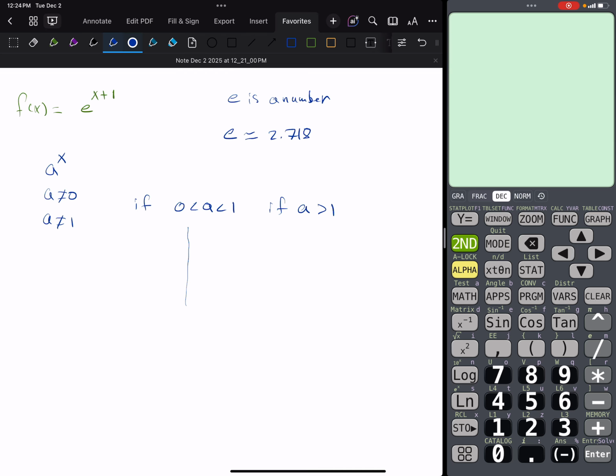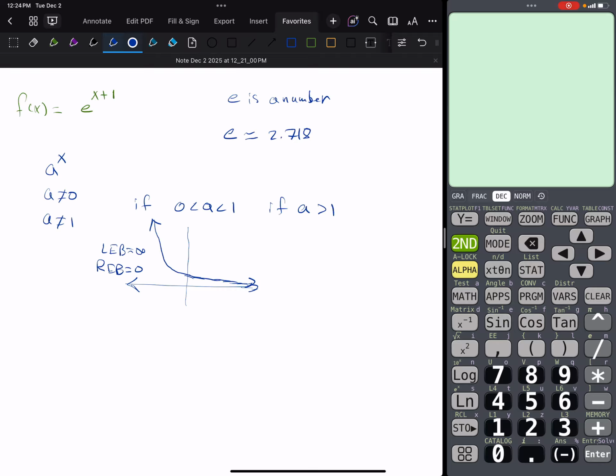The basic sketch, if a is between 0 and 1: its left end behavior is infinity, its y-intercept is 1, and its right end behavior is 0, a horizontal asymptote at y equals 0.